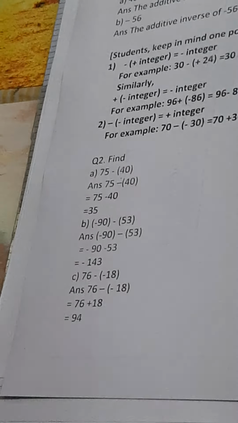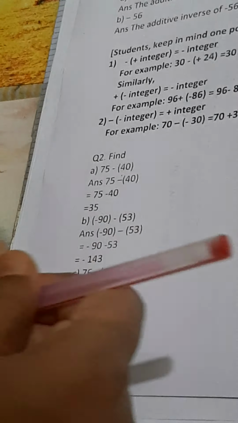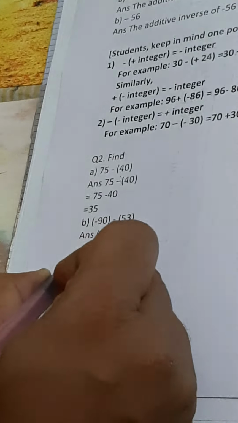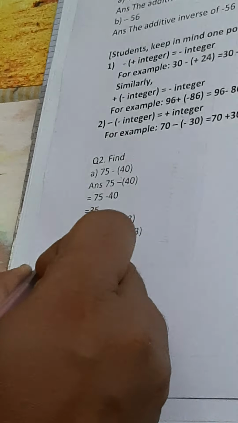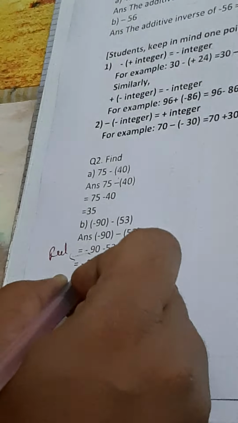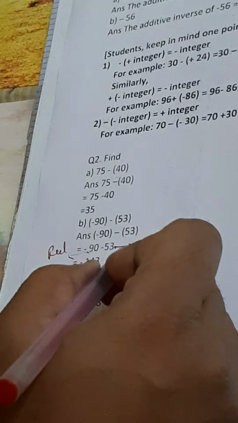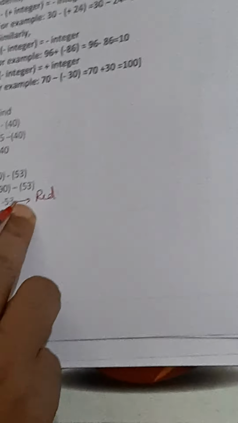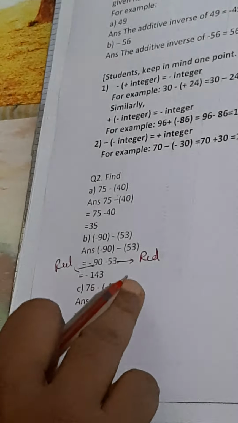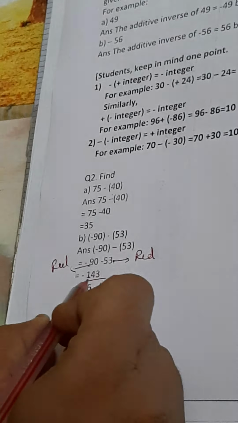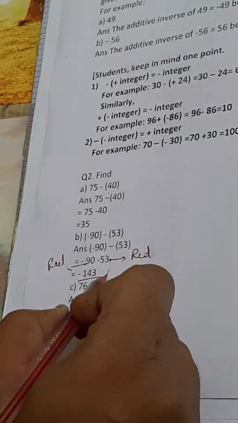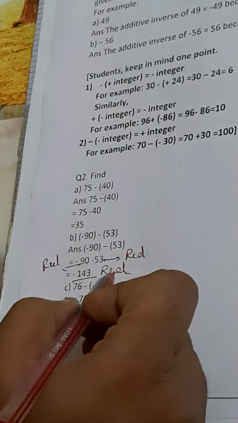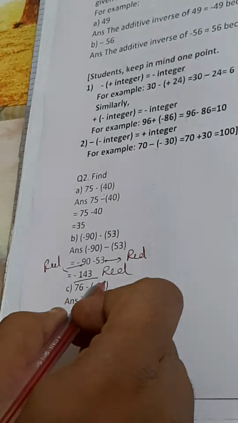If you remember, I talked about the colors. So minus 90 will be which color? Yes, it will be red color. And minus 53 is also what? Yes, it will be red color. And when we see that both the colors are same, we have to add. So therefore, I will be getting minus 143, that is red, and because it is red, so that is why it is minus.